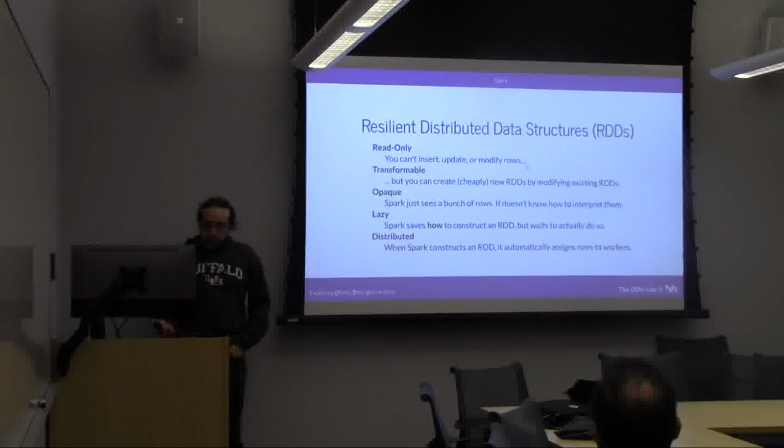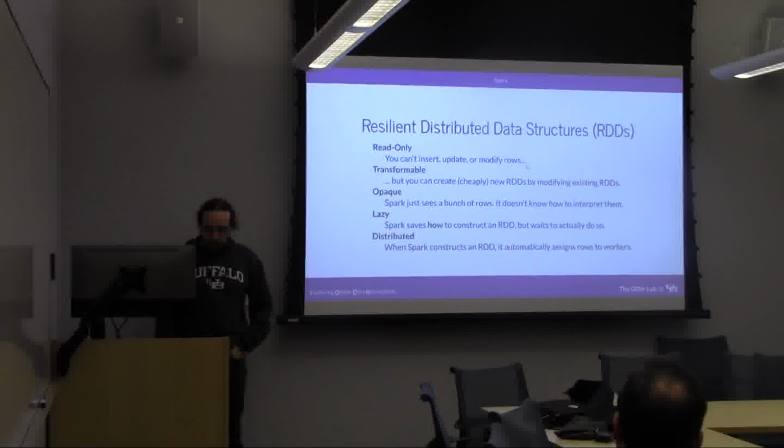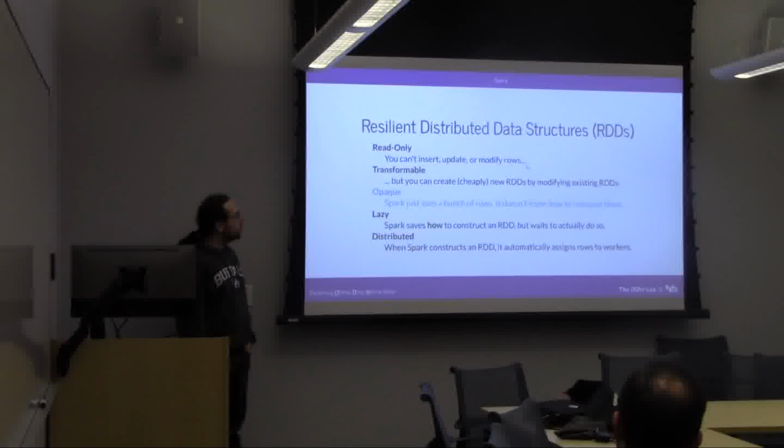So, okay, RDDs have all these caveats. The one that people found incredibly difficult to work with is the fact that Spark doesn't actually try and interpret what's in the lists. People got used to databases where you had this very nice structured data, data with a schema.